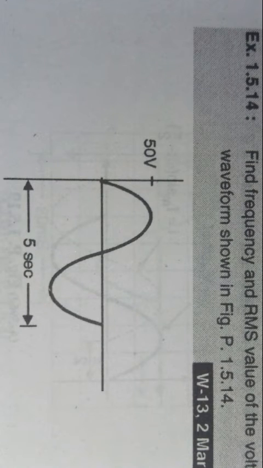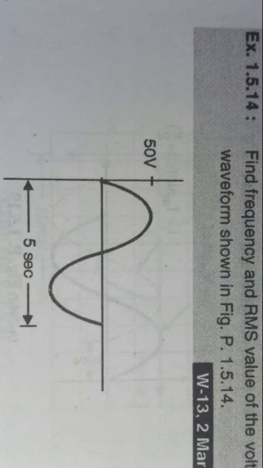Now we will go for one more example which is related to the waveform. Find the frequency and RMS value of voltage from the waveform given in the following picture.